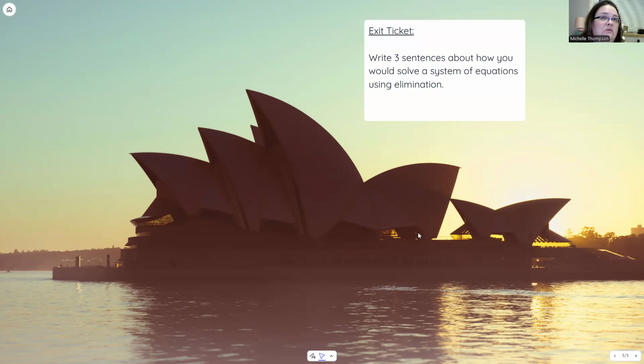We usually do about at least once a semester, at least a page long writing topic. But I want them to write at least 3 sentences, just summing up what they've learned for that day. For this one, it is how would they solve a system of equations using elimination. That's the point of this unit, solving by elimination.